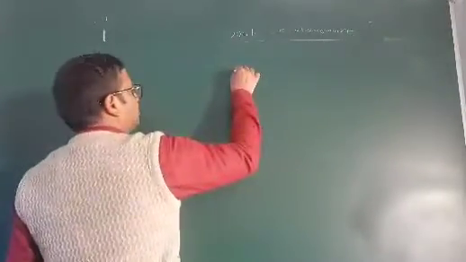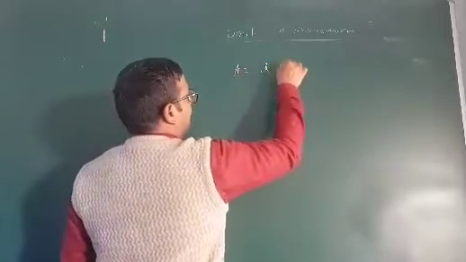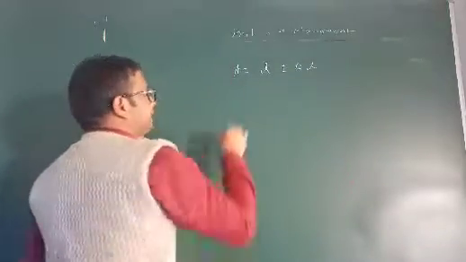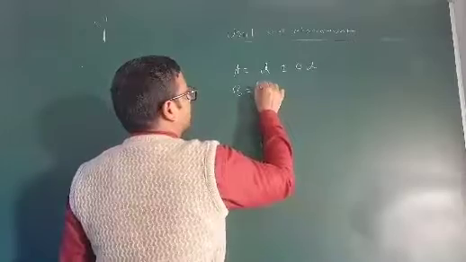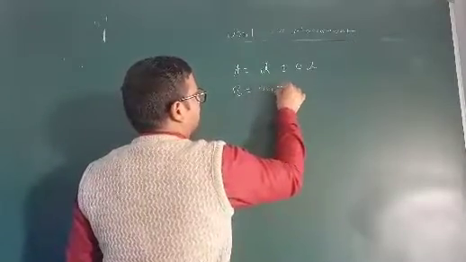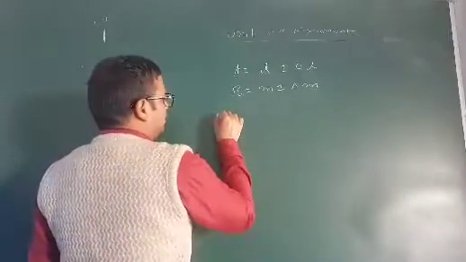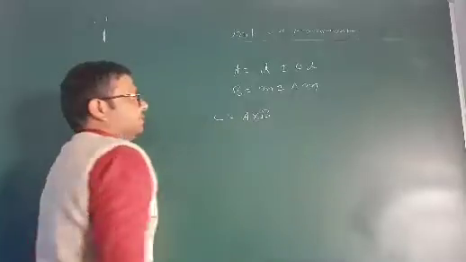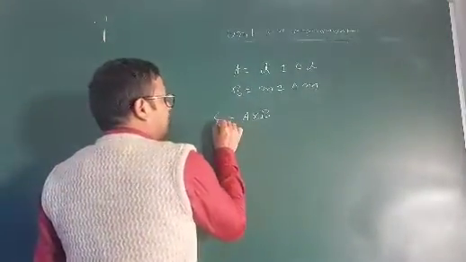Suppose there is one data A equal to L plus minus delta L, and B equal to M plus minus delta M, and you want to know C, which is equal to A into B. So what is the value of C?